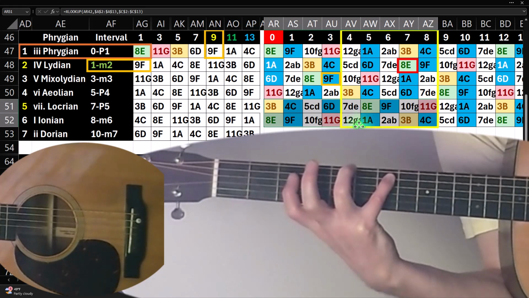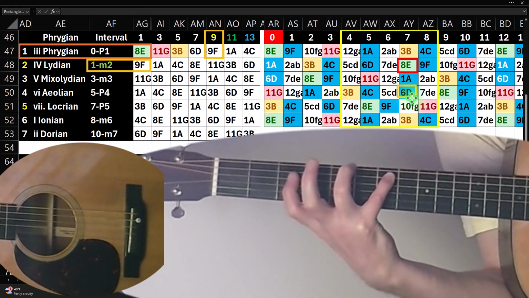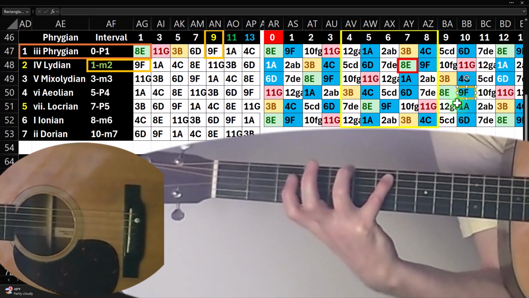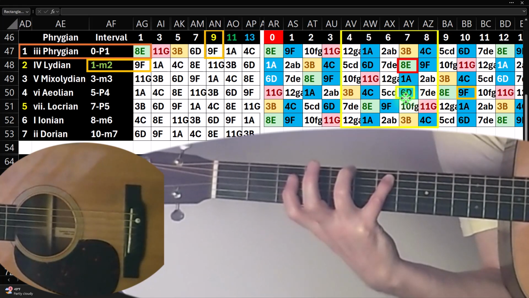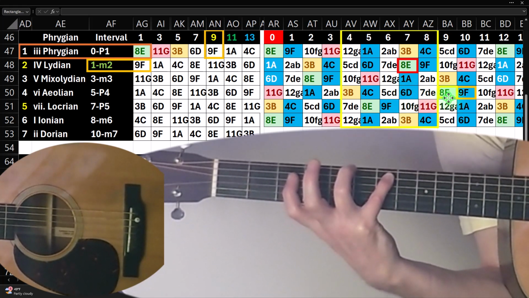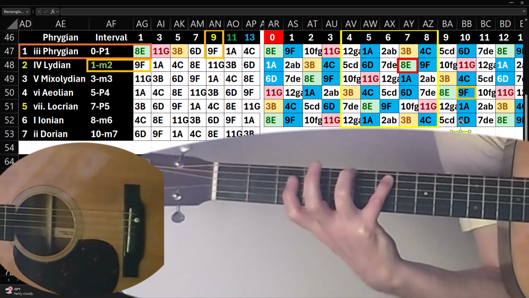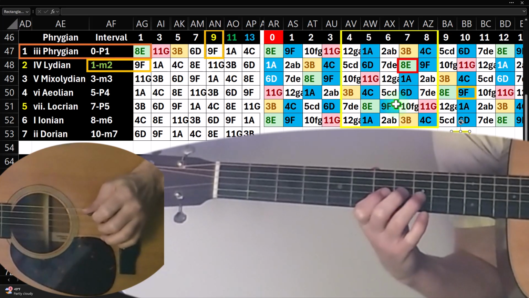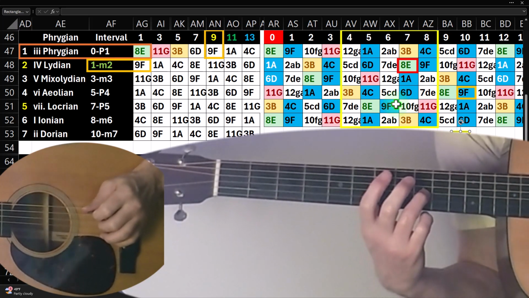All right, let's do the next one down. We're going to go say here, there it is. So now I'm looking for the one note away minor second. So we're going to say this is going to be 5, 10, and then 11, 12, or 0, because it goes back around the horn, and then 1. So let's do it from here. It's going to go 5, 10, and then 11, 12, or 0, and then 1.